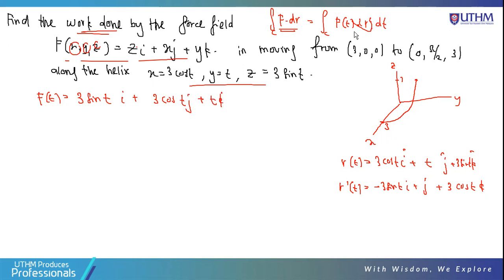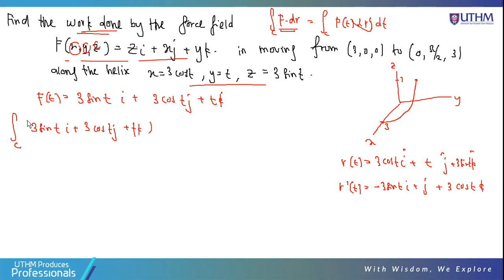So form it here, and you get the line integral over C of f, 3 sin t i plus 3 cos t j plus t k.